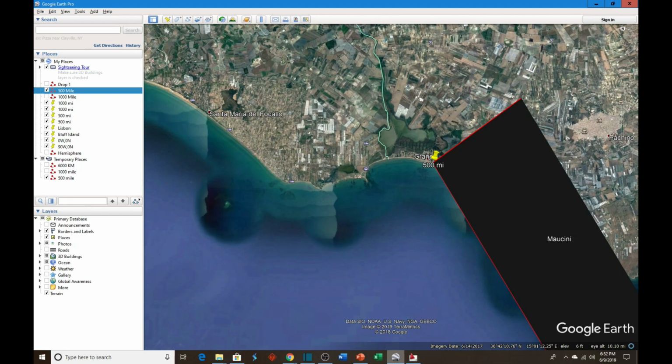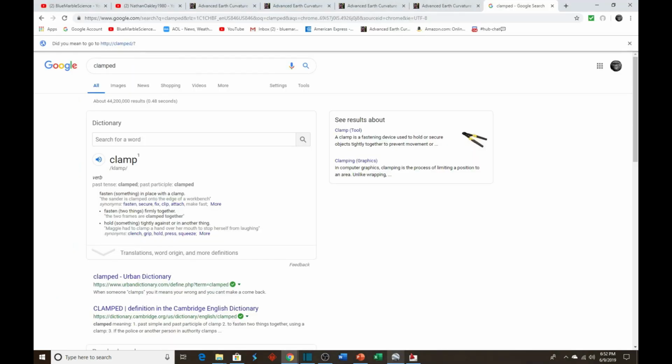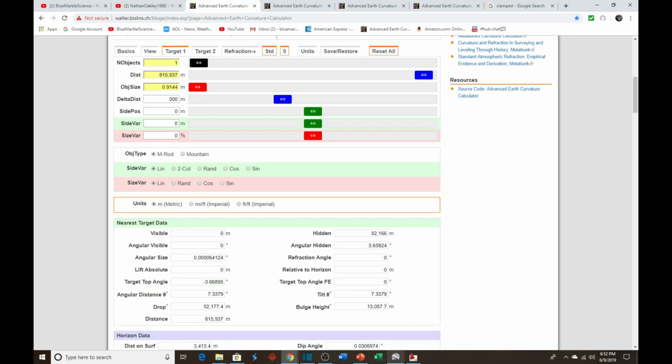Now, this is not an Earth curve calculator. This is Google Earth. If we wanted to know what that drop should be, let me put this back to units of feet and miles. Over a distance of 507 miles, and that's what that line is, the bulge height, and that's what we would be measuring there, from the center, is 13,057 meters.